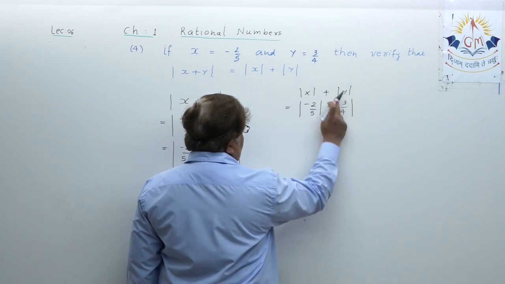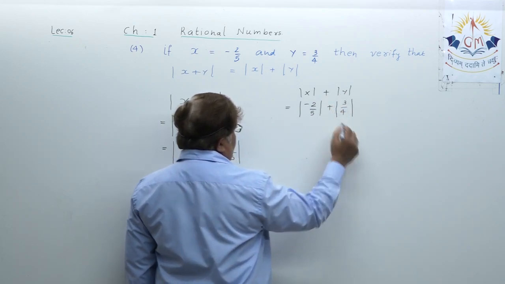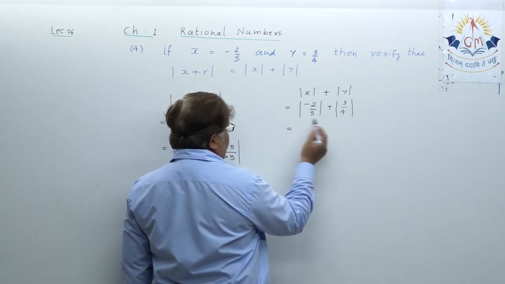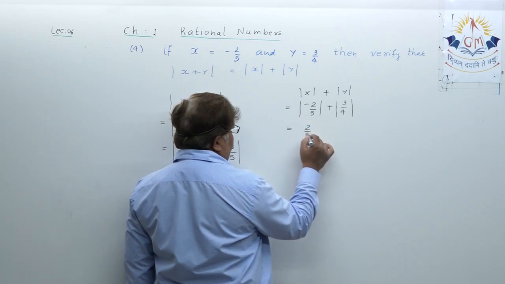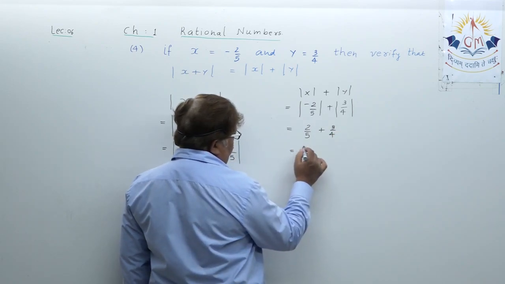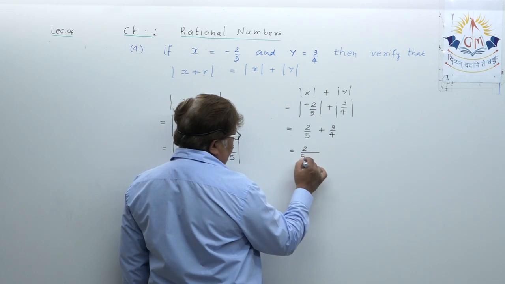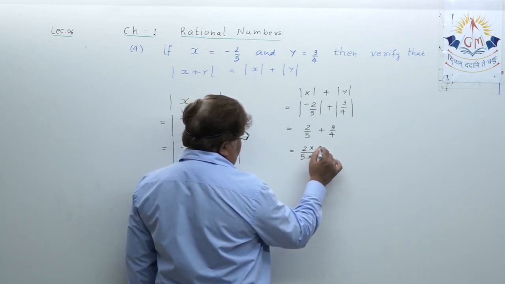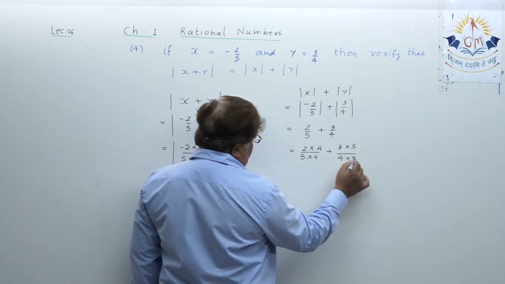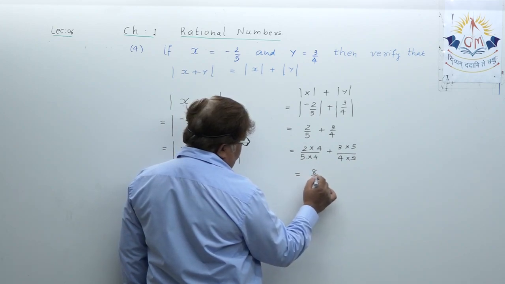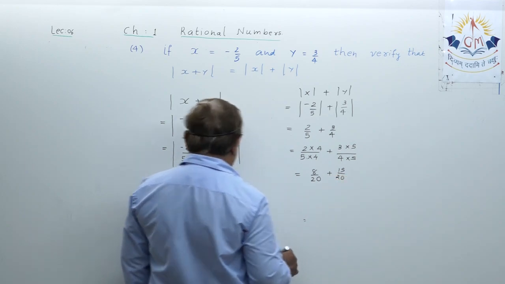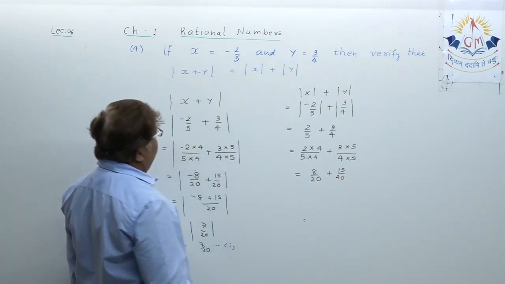Now after taking both the values, absolute means taking out only the magnitude: 2 upon 5 plus 3 upon 4. Taking LCM again, in a similar way, just taking LCM, 15 upon 20. You understood this?